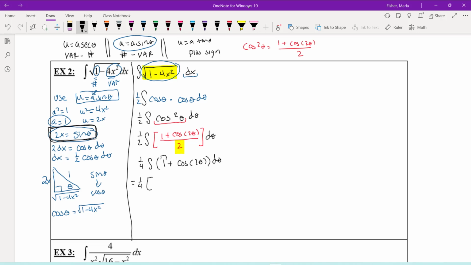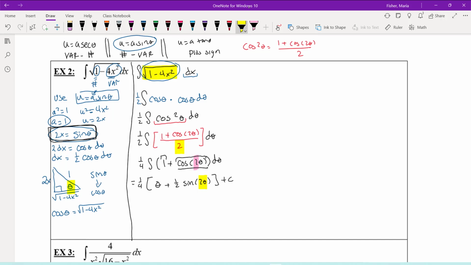The integral of 1 is theta. The integral of the cosine of 2 theta, remember, the coefficient of theta is 2, so we multiply by the reciprocal of that coefficient, 1/2, and then the integral of the cosine of theta is sine. Now the problem with this is that we have 2 theta, but our triangle is for theta, not 2 theta.